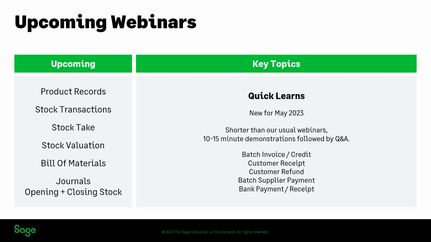They're very similar, those two, so we've grouped them together. So those are the quick learn sessions for May. Other sessions that we've got planned for this month will take a stock theme, so we're looking at the products and services area. If you're interested in signing up for any of those, watch out for your follow-up email, and it just means you can get signed up for those.